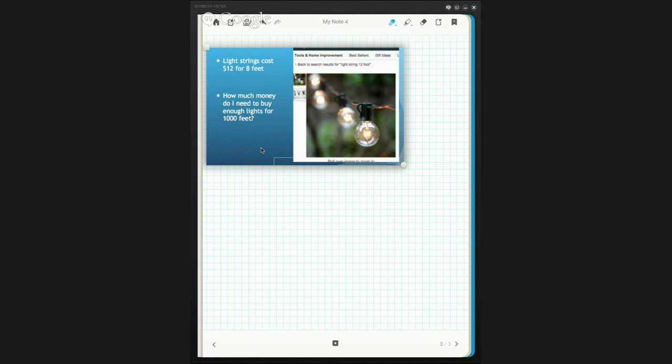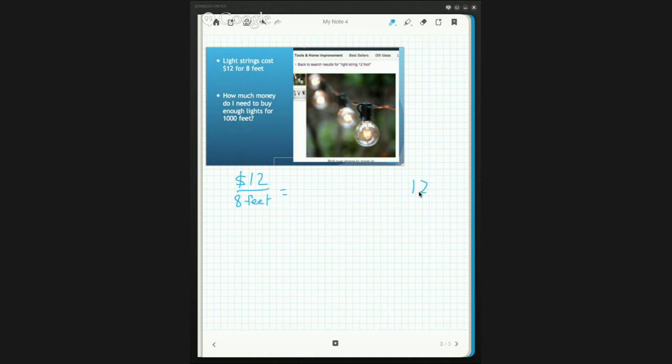So let's think about it the way some of you thought about it today. We just looked at a string of light and we said, well, if it costs $12 for 8 feet, we can just divide those numbers. That would be 12 divided by 8.